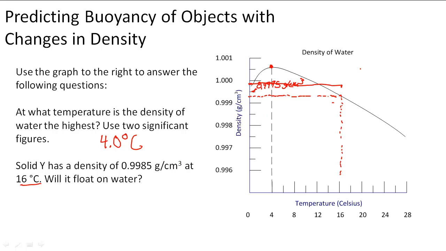So when it reaches here, this is going to tell me that it's going to sink in water. It's going to sink because it's above the density of water. So will it float on water? No is the answer to this question, because it has a higher density than water at 16 degrees Celsius.